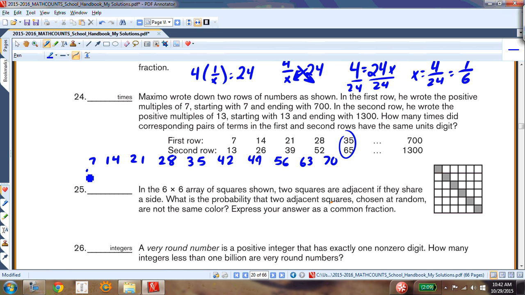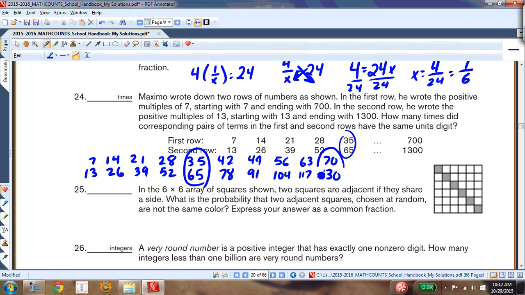Okay, and similarly for 13, I have 13, 26, 39, 52, 65, and as we already know, we have 2 that are there. And then beyond that, I have 78, 91, 104, 117, and 130.